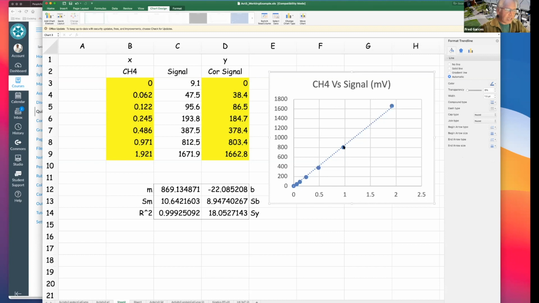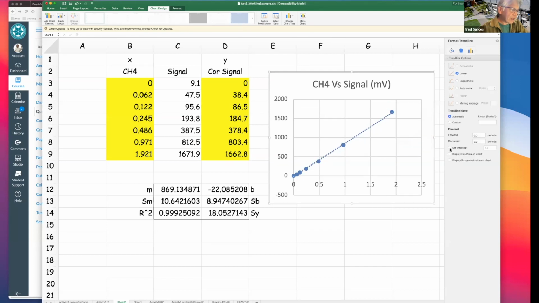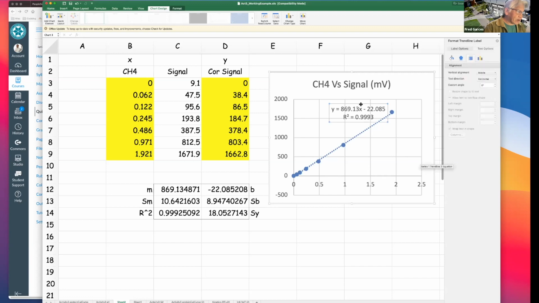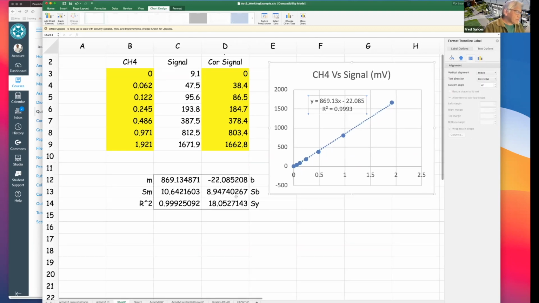I'm going to do this again, and just do this: add trendline. And then I'm not going to click on this, set intercept. I'm just going to do this and that. Now you can see that these values right here are much better. It is correlated to what I just did in Linest.